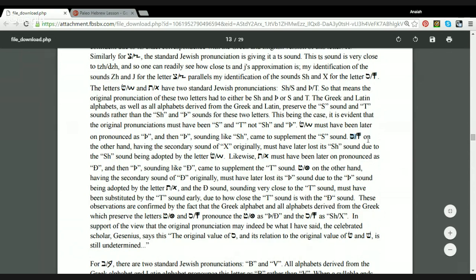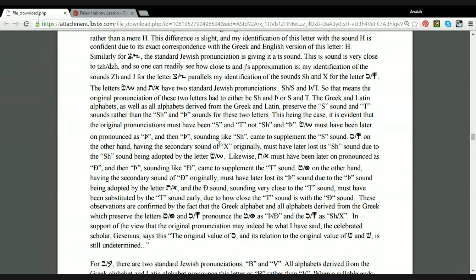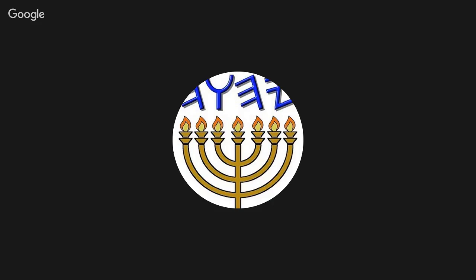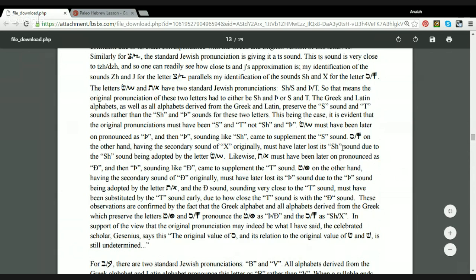This one right here, on the other hand, having the secondary sound of X, because remember I said it's SH and also X. X is like a Tsia. And so I say the secondary sound must have lost its SH sound due to the SH sound being adopted by Shin.